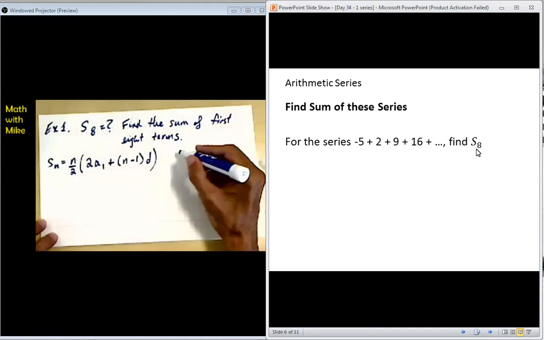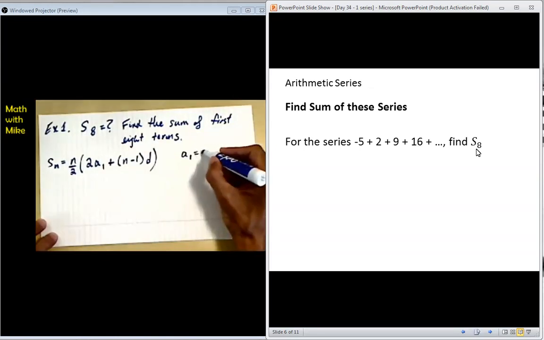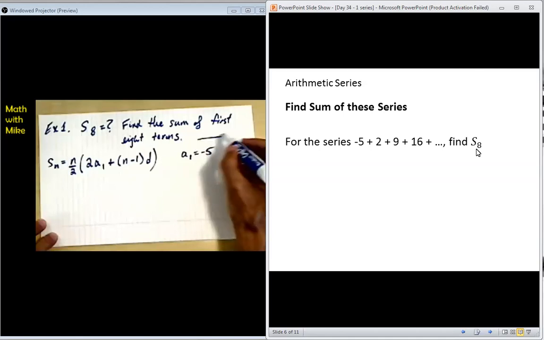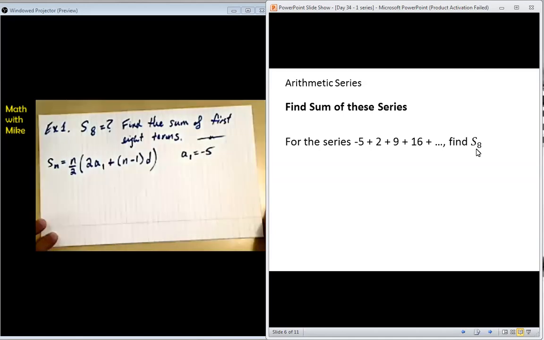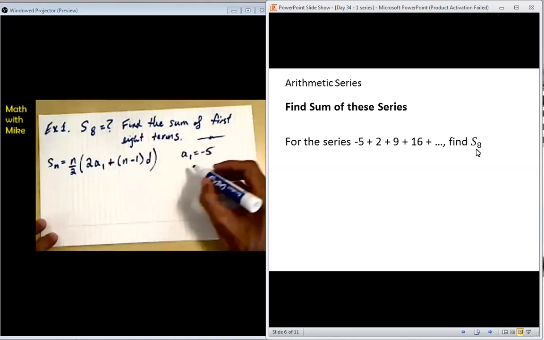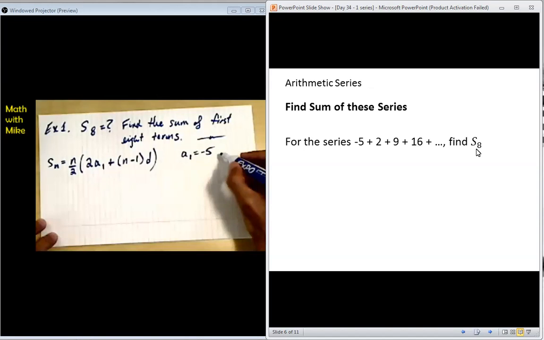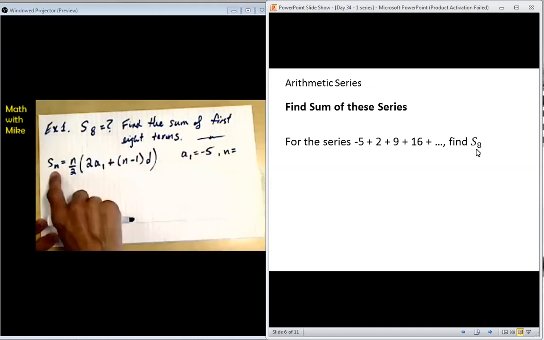Okay, so someone said A1 is equal to -5, so that's true. That's useful. The n we know is how much? Right there, in the n location.